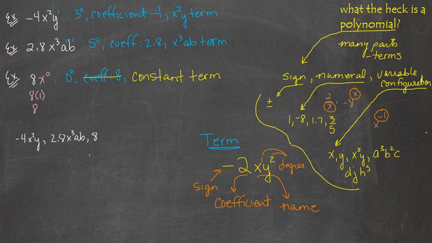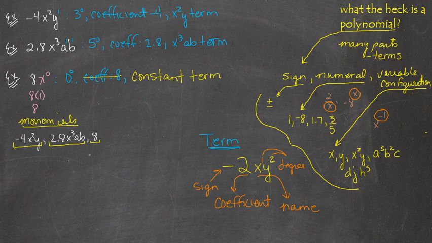These are all called monomials. And they're called monomials because mon means one in the language of polynomials, and nomial means part, right? So one part. This is one part. This is one part. This is one part.